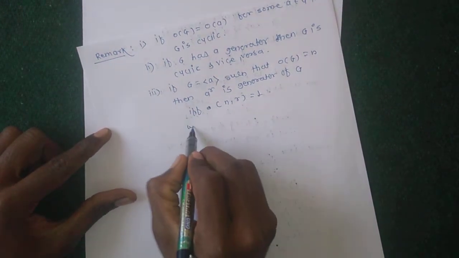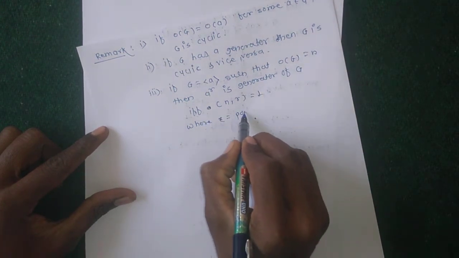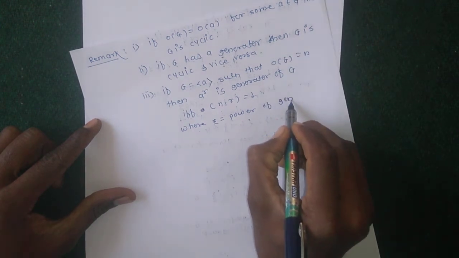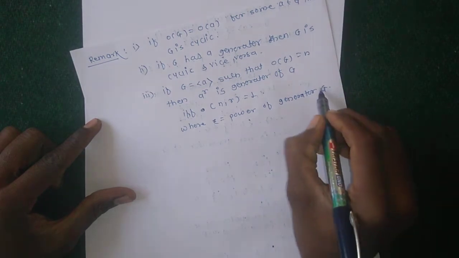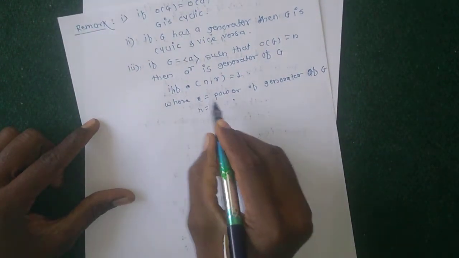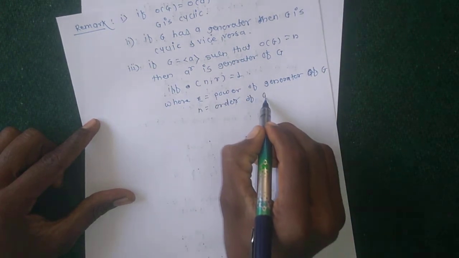Here R is the power of the generator of G, and n is the order of G.